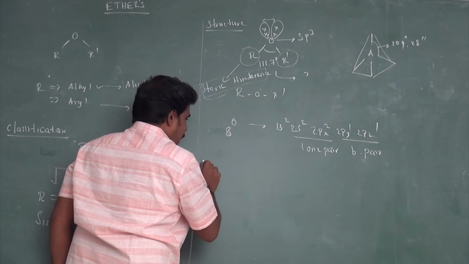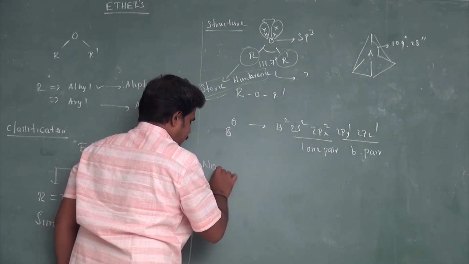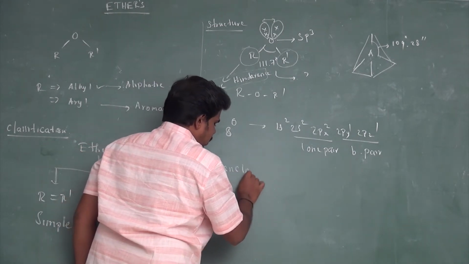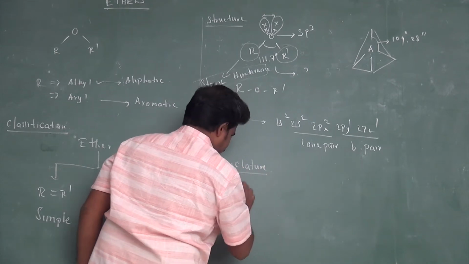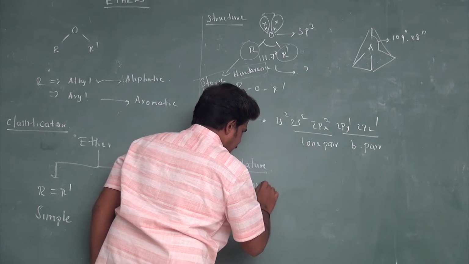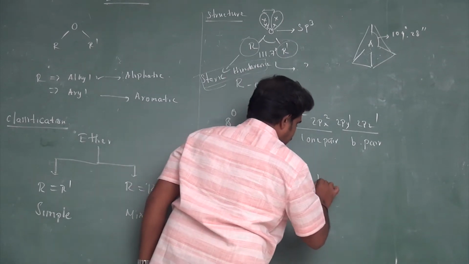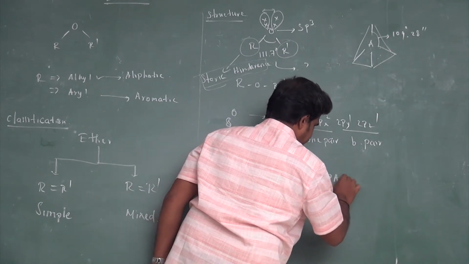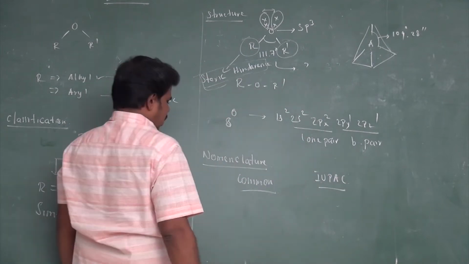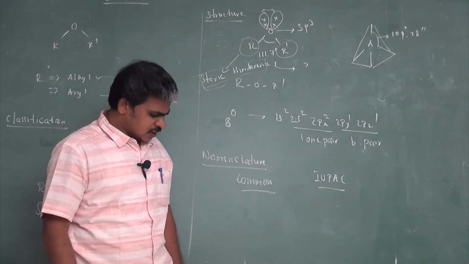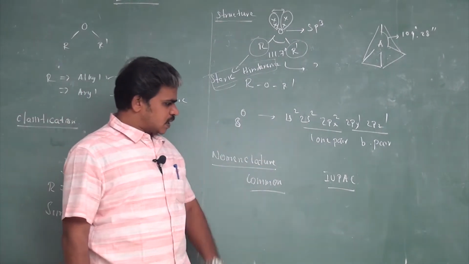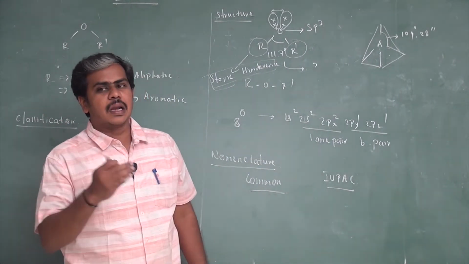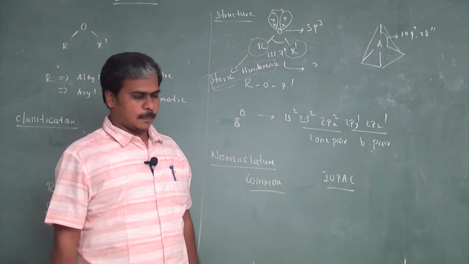Now we may take the nomenclature of ethers. We take the common name and the IUPAC name. A common name always ends with ether. For the IUPAC name, we call it alkoxy-alkane.